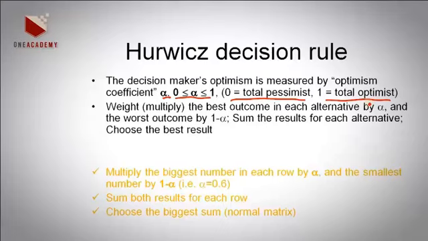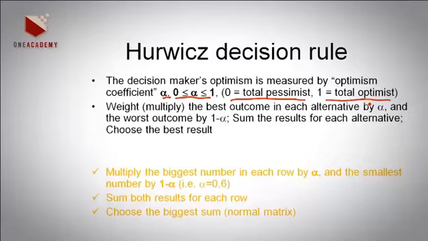And what we do is we weight, or multiply, the best possible outcome for each alternative with alpha, and the worst possible outcome with 1 minus alpha, so with the residual after alpha, and sum the result for each alternative.